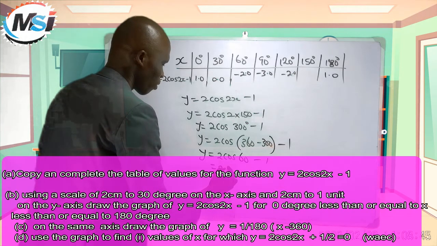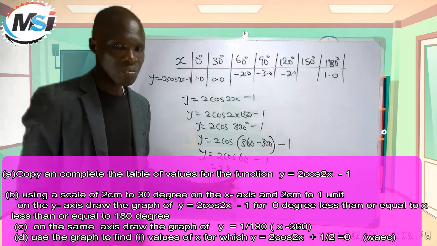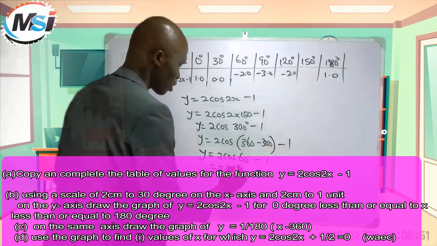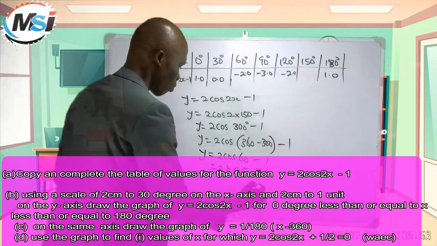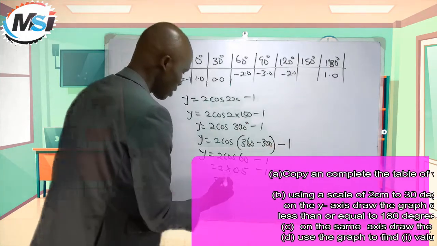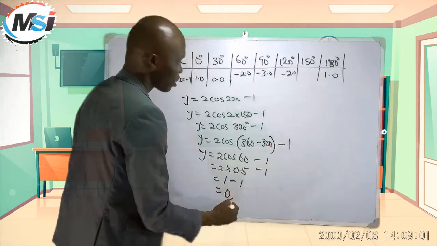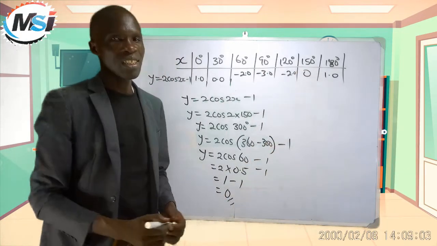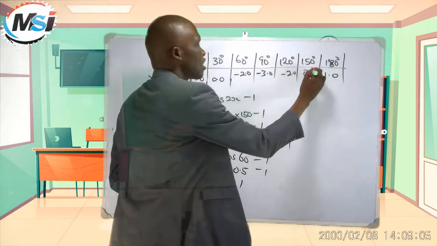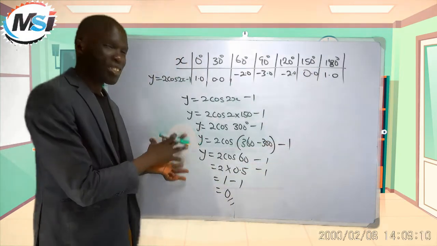So this one will give us 2 times cos 60, which is 0.5, right? So this will give us 2 times 0.5, we are going to get 1 minus 1. So 1 minus 1 will give us what? 0. This place will be 0.0.